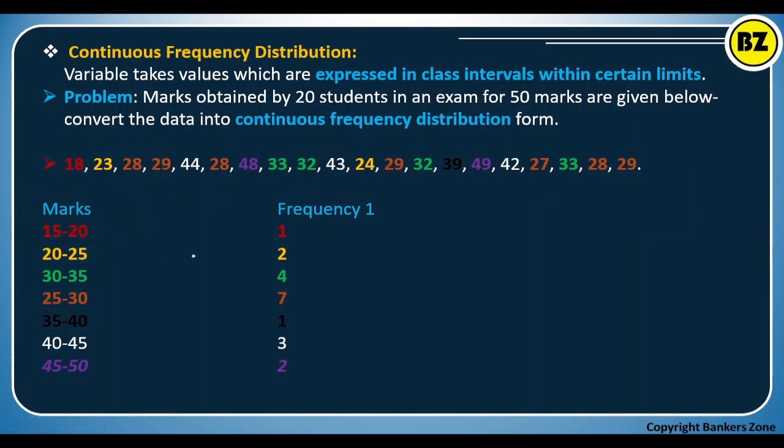Now I will find the number of times a student's score falls within each interval. 15 to 20, how many?